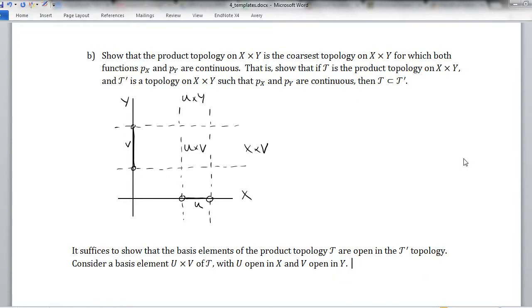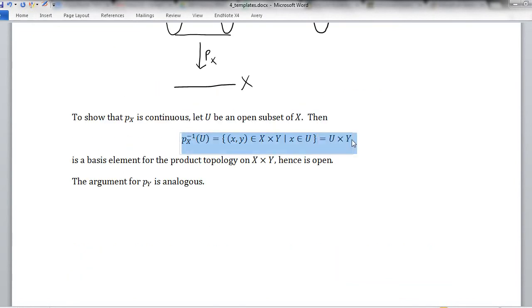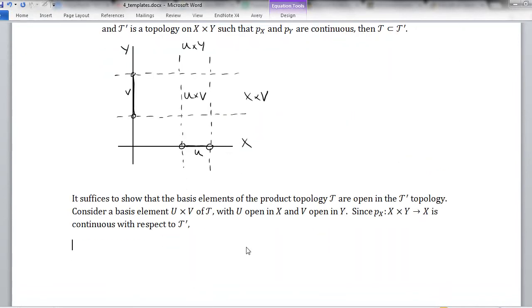Okay. Well, we know that projection functions are continuous, so let's use the first one. So since p sub X, which maps from X times Y to X, is continuous with respect to the topology T prime, we know that the preimage of this open set U, let me borrow that from up here, the preimage of the open set U, which is U times Y, is open in T prime.